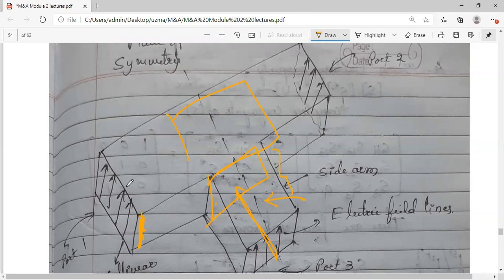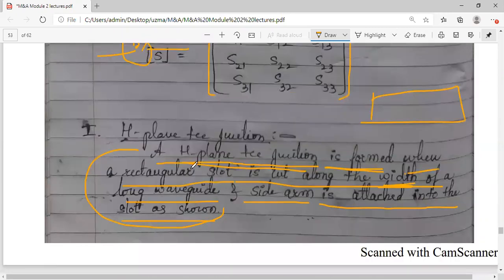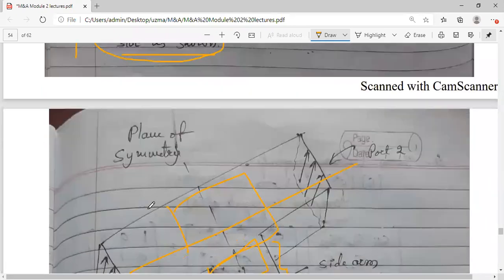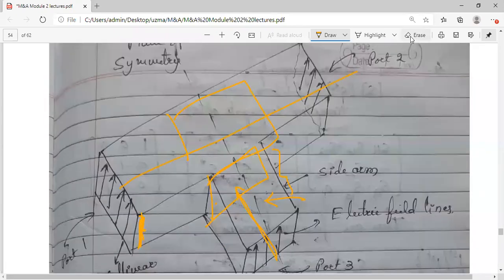We are discussing about H plane, so we will see how the field lines are there. Hope you understood how the structure is. Let us analyze this structure. You know what a plane of symmetry is.